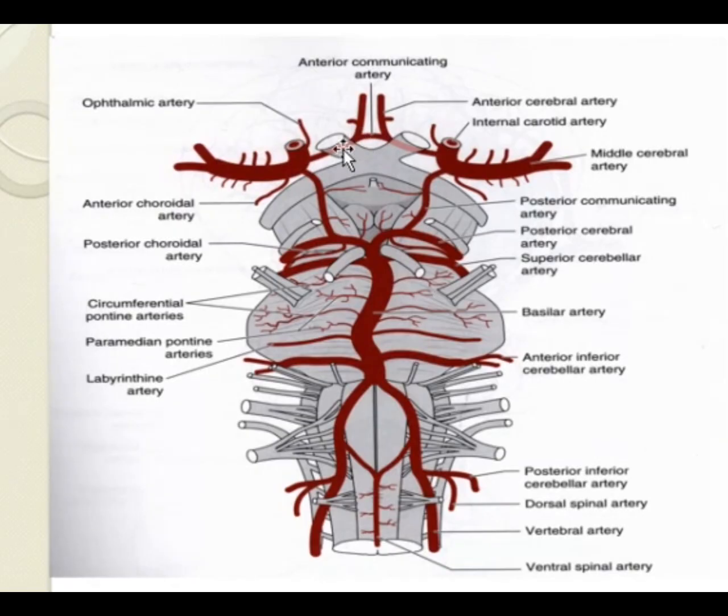Then we come back to the anterior cerebral artery, posterior communicating artery, and then the two posterior cerebral arteries. And these are the ones which form that important anastomosis known as the circle of Willis.